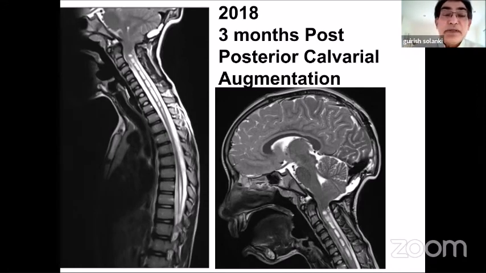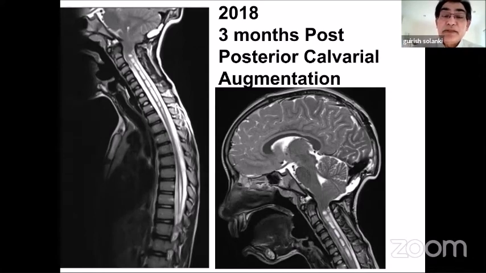I think in all of these cases, particularly if there is a failure, we've published this particular case as well. Subsequently, a second case came to us with a similar failure of improvement following a foramen magnum decompression, and following calvarial augmentation, the syrinx deflated and the hindbrain hernia got better.